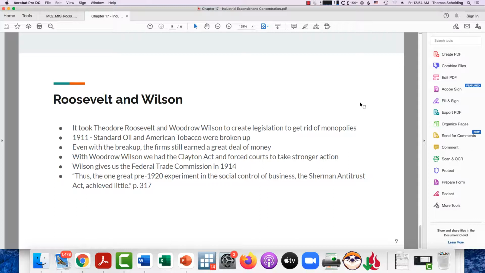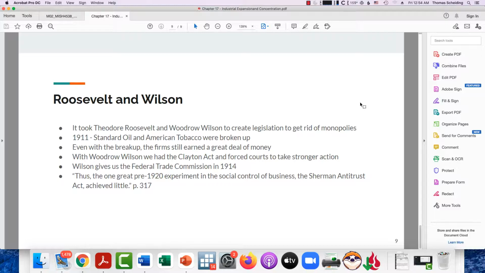What we see as we now turn to the 1900s is that you need individuals like Theodore Roosevelt and then later Woodrow Wilson to create the legislation that's going to get rid of the monopolies. And obviously the Europeans at this time were pretty much in favor of it as well.